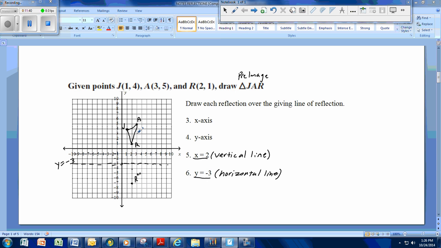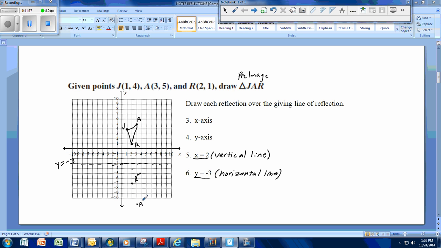A is 1, 2, 3, 4, 5, 6, 7, 8 spaces away. So I'm going to count 8 spaces. 1, 2, 3, 4, 5, 6, 7, and 8 would be right about there.